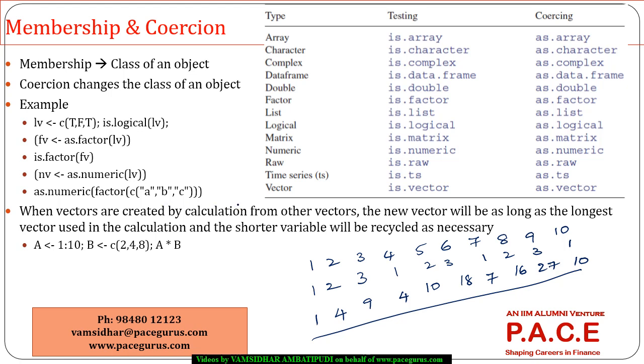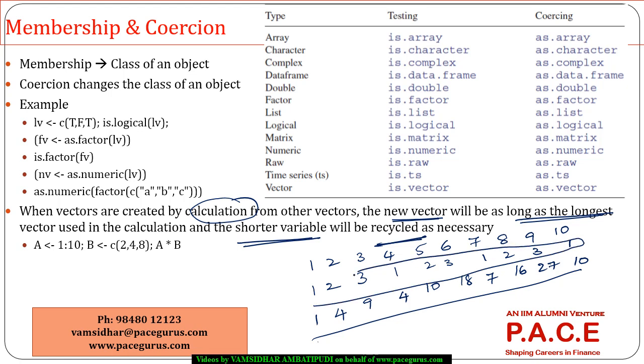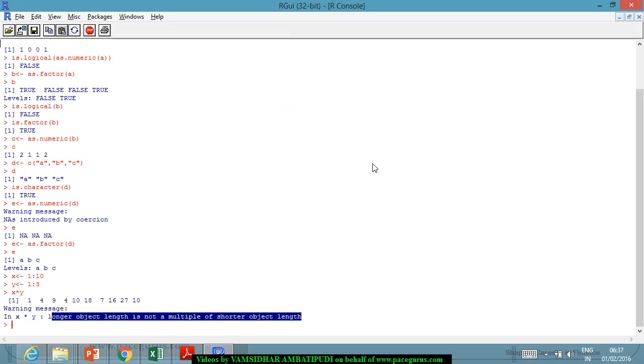So with vectors, when we are doing a calculation, the new vector will be as long as the longest vector, and the shortest vector is recycled as and when necessary until its length matches the longest vector. So that is one thing we have to remember whenever we are doing any kind of multiplication or addition. Even the same thing goes with x plus y or any other calculation.